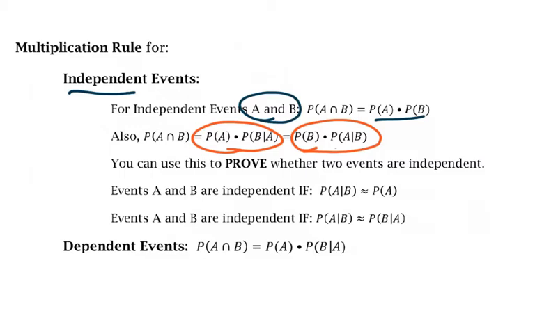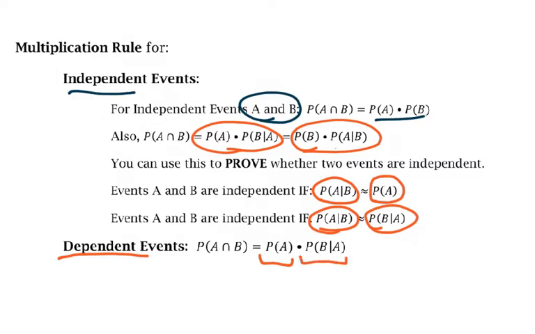Also, if they're independent, then the probability of A given B is approximately the same as probability of A by itself, because B doesn't matter, and vice versa as well. The probability of A given B is also about equal to B given that A already happened, because they don't affect each other. And then if you have dependent events, the probability of them both happening is the probability of A times the probability of B given that A already happened.